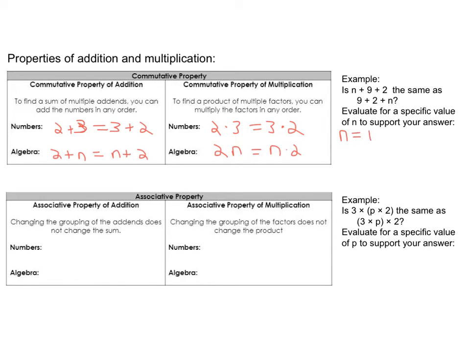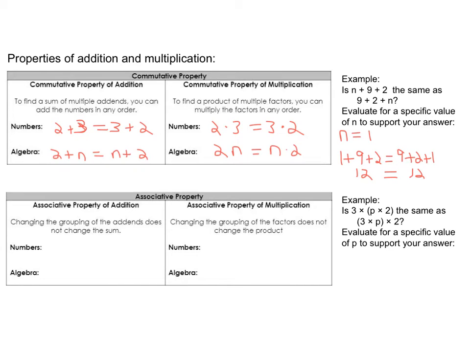I'm going to keep it simple. If I substitute that back in, I'm going to have 1 plus 9 plus 2, and I'm wondering if that's equal to 9 plus 2 plus 1. And of course they are. 1 plus 9 is 10, plus 2 is 12. 9 plus 2 is 11, plus 1 is 12. They are the same. That just kind of shows you how it works.